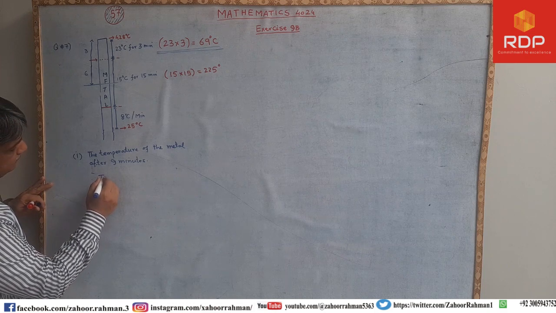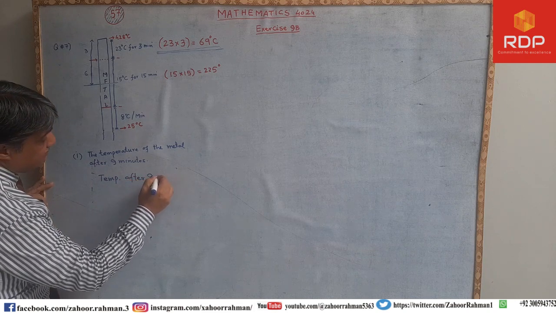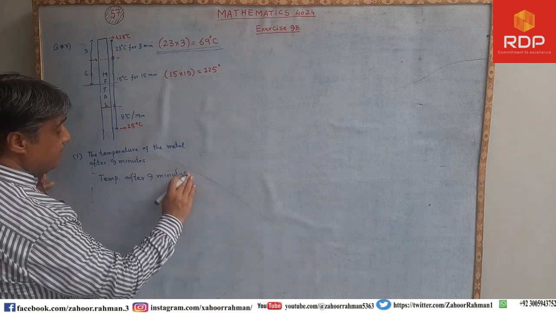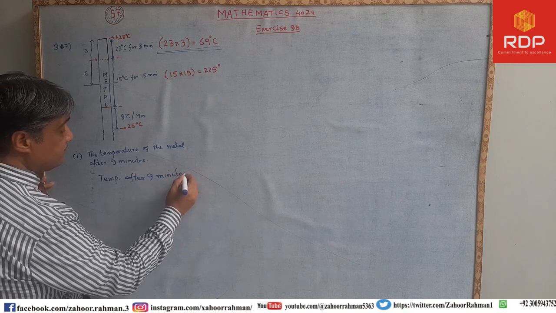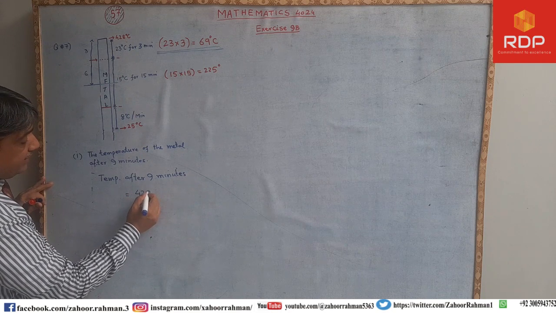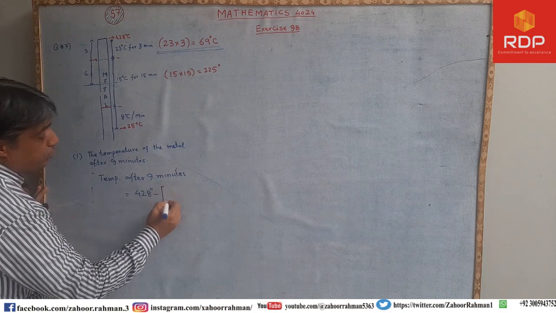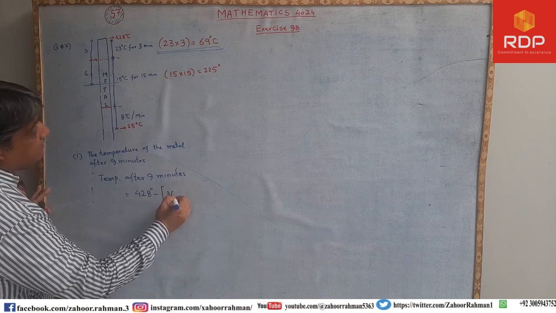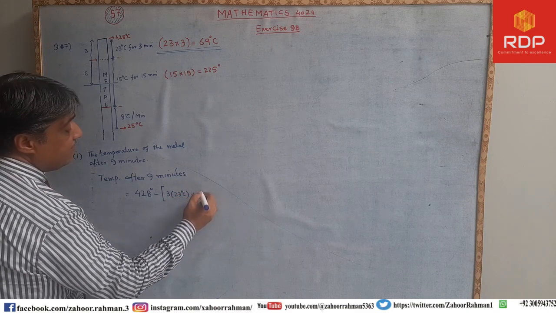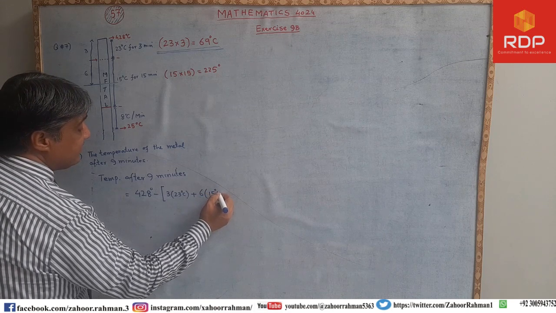So the temperature after 9 minutes will be equal to 428 minus, and here you have to write that for 3 minutes at the rate of 23 degrees Celsius, plus for 6 minutes at the rate of 15 degrees Celsius.